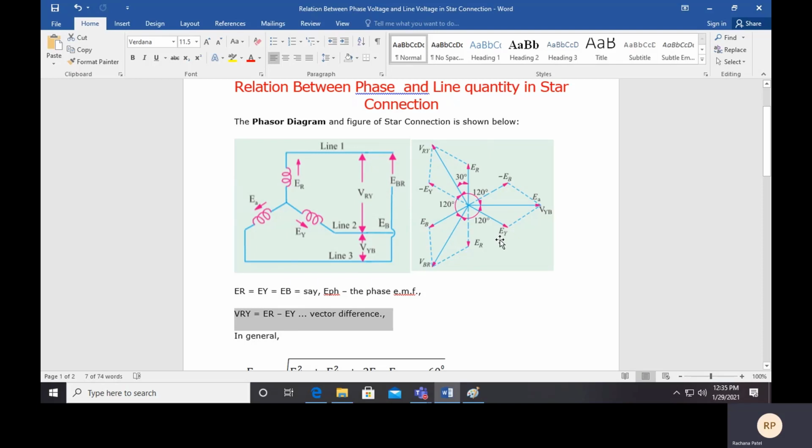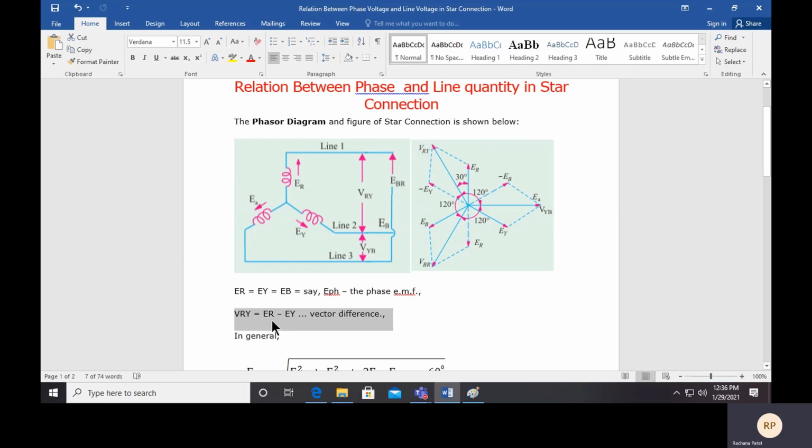To get the vector difference, or to get the minus EY vector, I need to reverse this vector of EY. So this is the reversed EY vector, and obviously now it becomes minus EY. ER is there, minus EY is there, and the vector sum of both will give VRY.